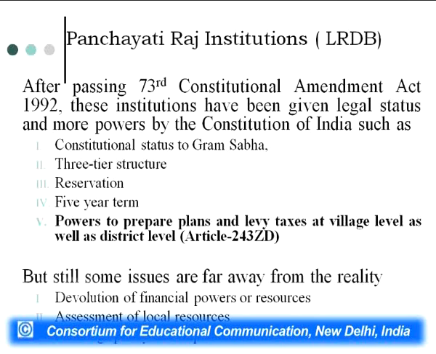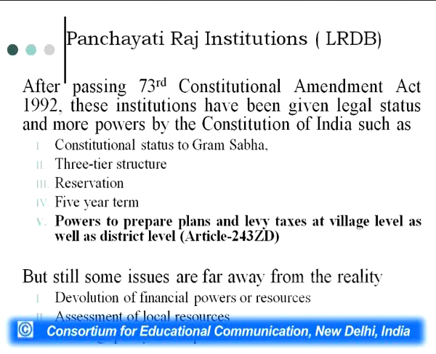Now, since our decentralized planning is done in a three-tier structure, as we are all familiar with, the funds are dispersed from the central level. The money comes for some schemes, and the resources are distributed directly to the lowest tier, that is Gram Panchayat.